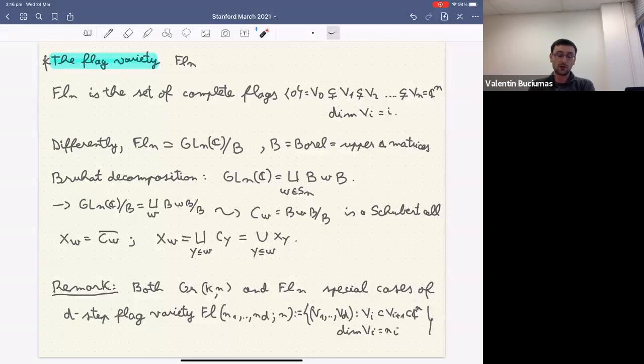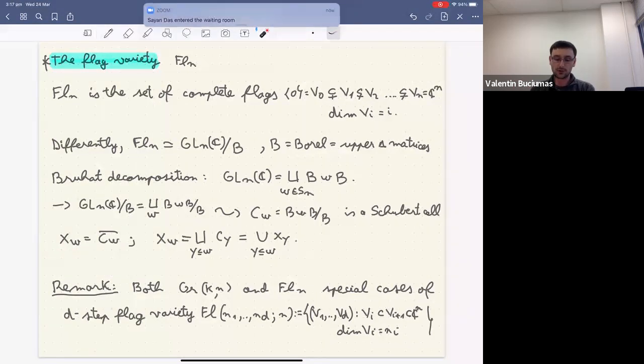And as before, we can define the Schubert variety to be the closure of a Schubert cell. So this is X_w. And we actually understand how to write X_w in terms of these Schubert cells. In particular, X_w will be the disjoint union of all Schubert cells corresponding to y for all elements y of the symmetric group that are less than or equal to w.